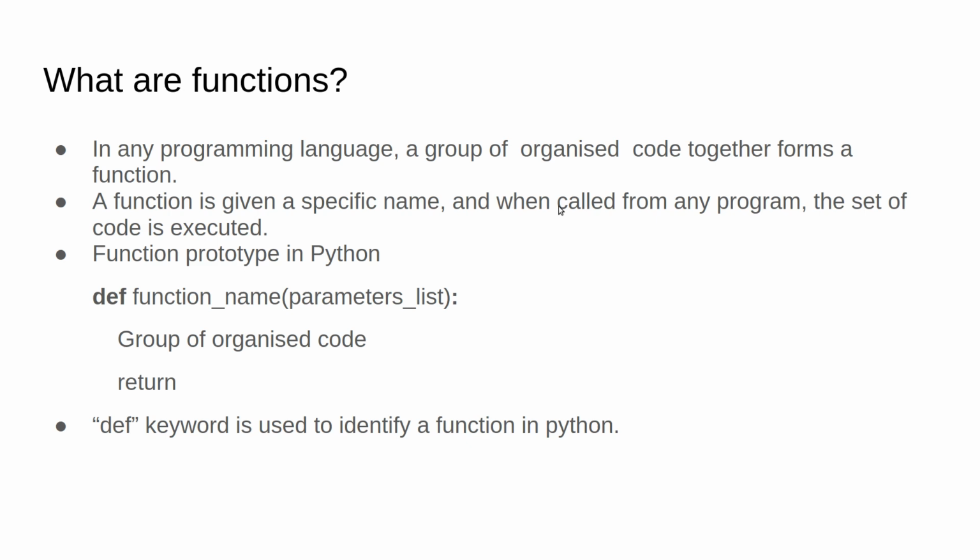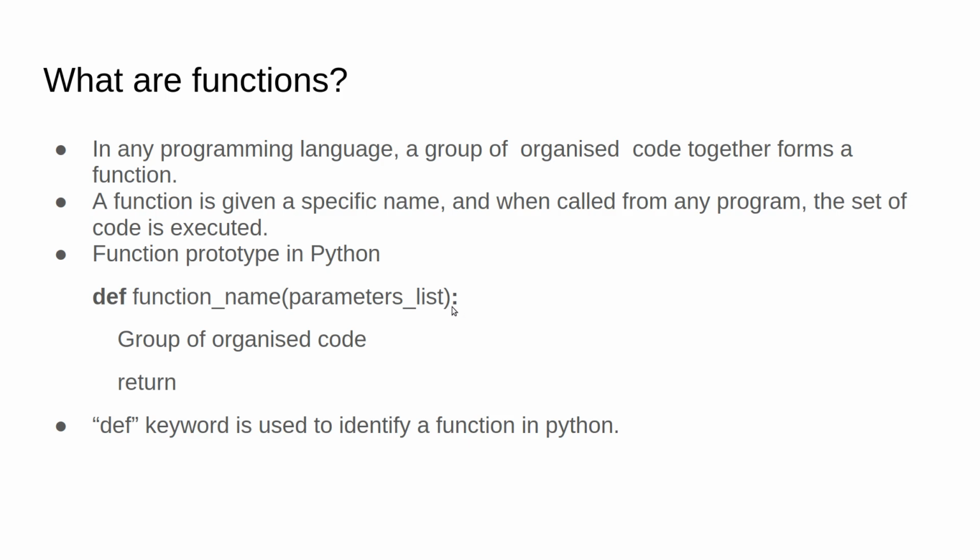Now let's see the prototype of a function in Python. def is a keyword which is used to define the function, followed by the name of the function, and it contains the parameter list that it takes. This can be empty as well.